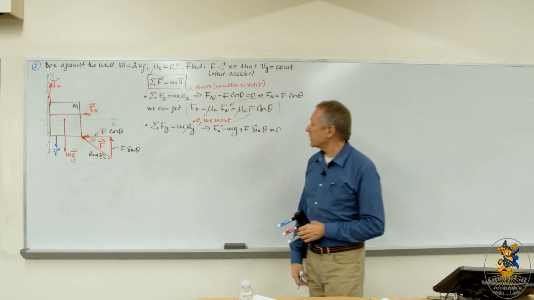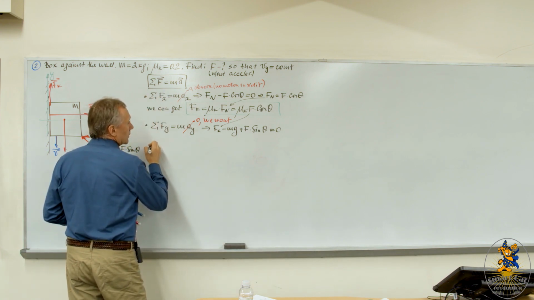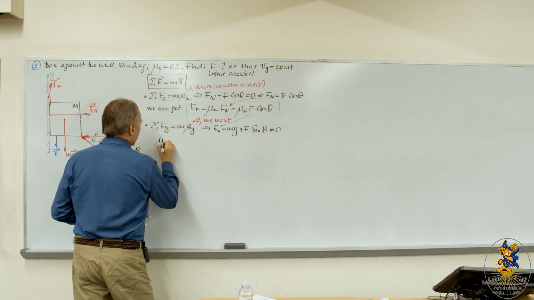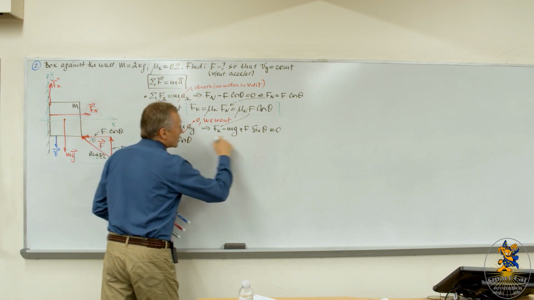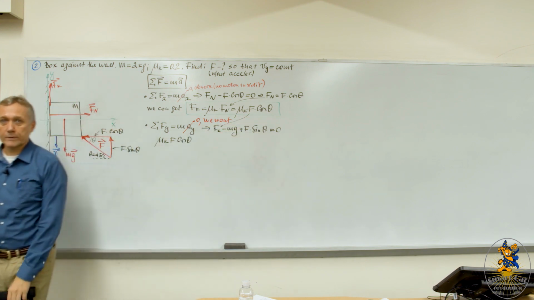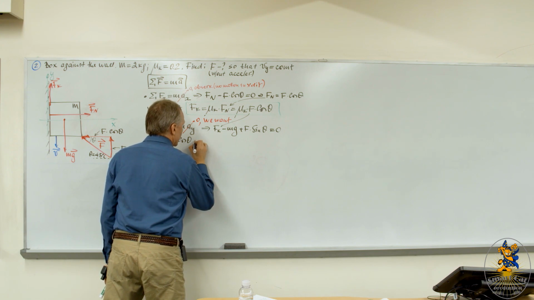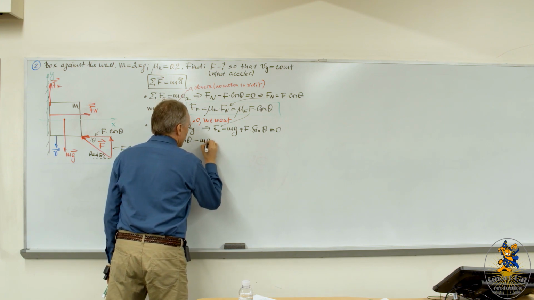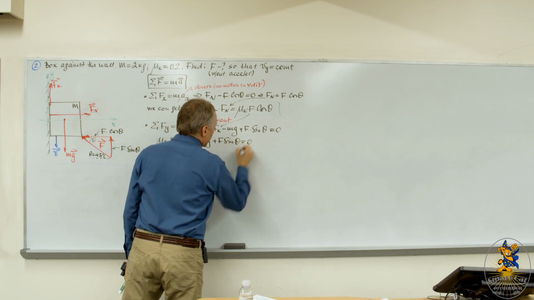Now we can use it over here. So we will get mu k F cosine theta. Essentially, I'm just rewriting this equation with this expression for the kinetic friction force. Then minus mg plus F sine theta equals 0.